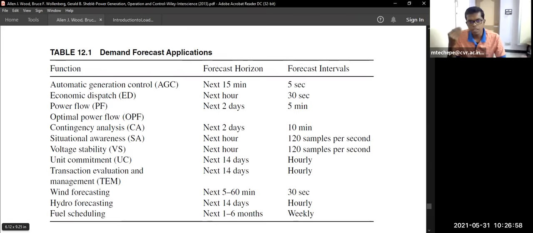So from 6 o'clock they may start their generation up to next midnight 12 o'clock, or otherwise next day 6 o'clock. So they will be given the command how many hours that particular generator has to operate.